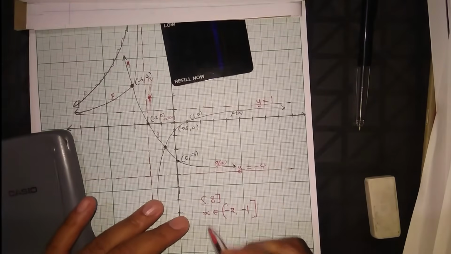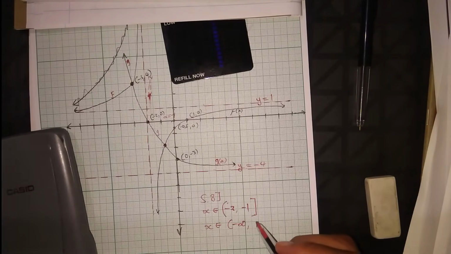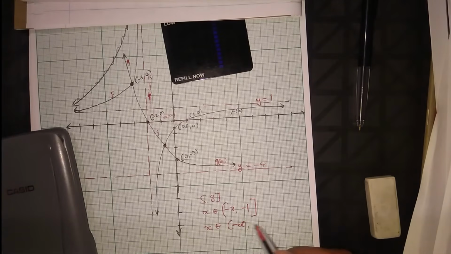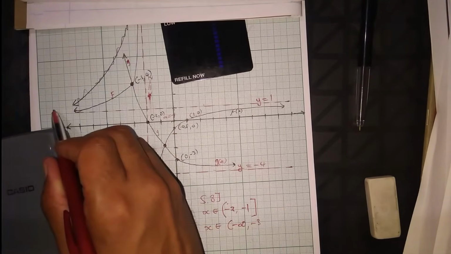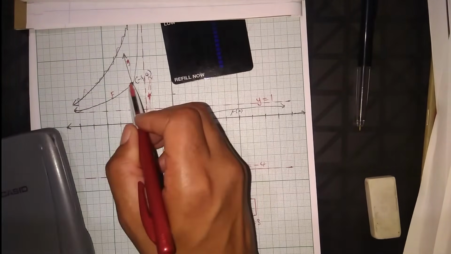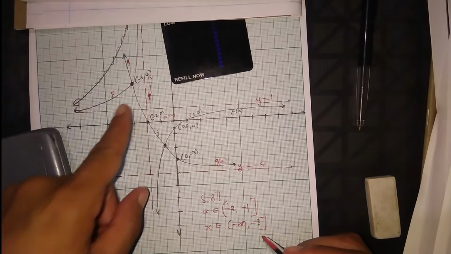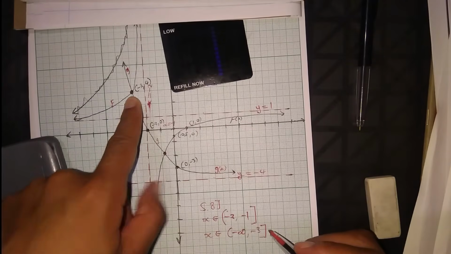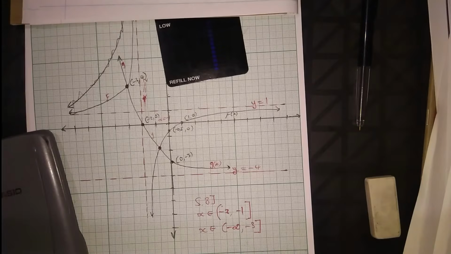So therefore our x is an element of negative infinity to -3, between negative infinity and -3, but we include the -3 because it's a point of intersection and these graphs are equal.